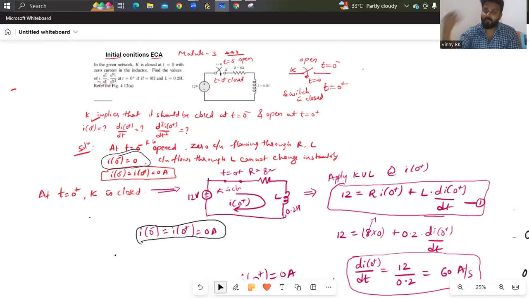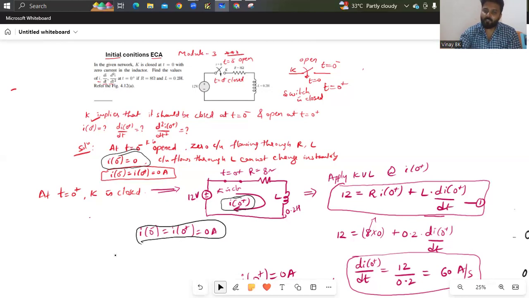Then what do you do, you close the switch, because when t equals 0 plus, the switch condition is closed. After closing, it will be a closed circuit, then you are applying KVL. When t equals 0 plus, here you write I of 0 plus, because the switch is closed at t equals 0 plus. You're just writing the total voltage equals the sum of drops, so 12 equals R into I, the voltage drop across the resistor, R into I of 0 plus, and the drop across L is nothing but L into di by dt.